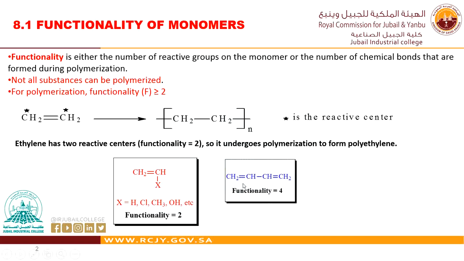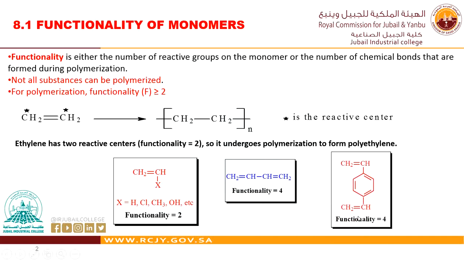Now, if you look at the second monomer here, this is butadiene. It has 2 double bonds, which means that the functionality is equal to what? 4. Remember that if you have one double bond, functionality is equal to 2. If you have 2 double bonds, functionality is equal to 4. Now, if you look at this one, this compound has a benzene ring. If we are counting the double bonds, the benzene ring is not involved in the reaction.